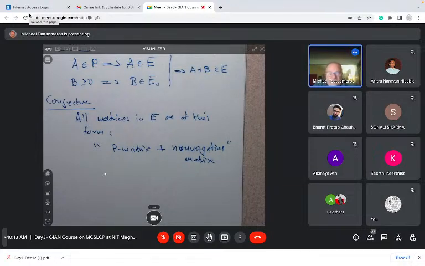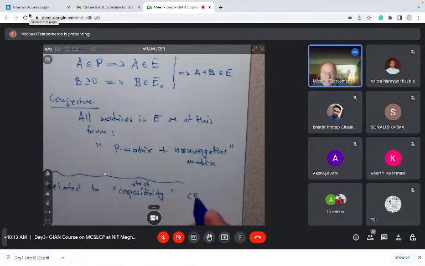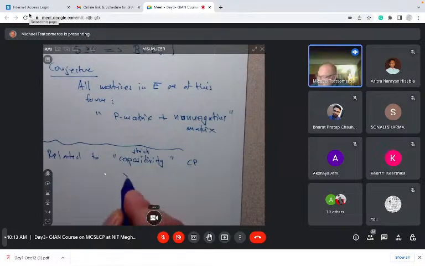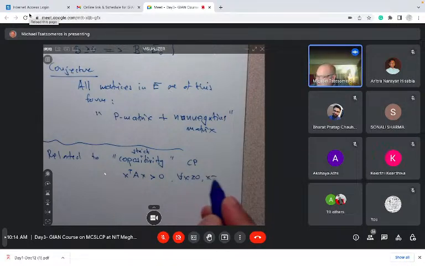So this conjecture is not totally out of the blue. Okay, so this is related. This conjecture is related to copositivity. Let's say strict copositivity. Remember this is the CP class. Remember that we said that x transpose Ax is positive for all x greater or equal than 0 and different than 0.